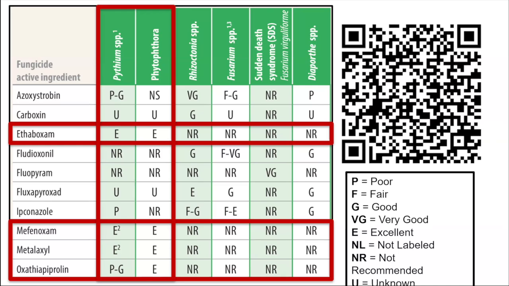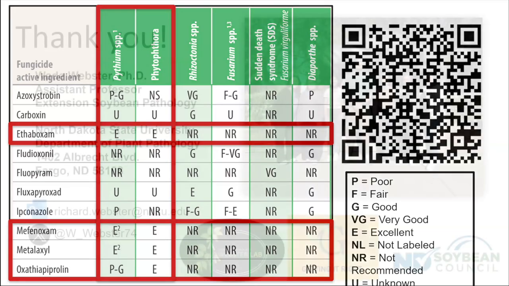You can see the similar trend when looking at the fungi relative to the oomycetes. So this is a really great resource that I would definitely push anyone to if you have questions about seedling diseases or seed treatment considerations as to what you think would be a good option for the coming season.